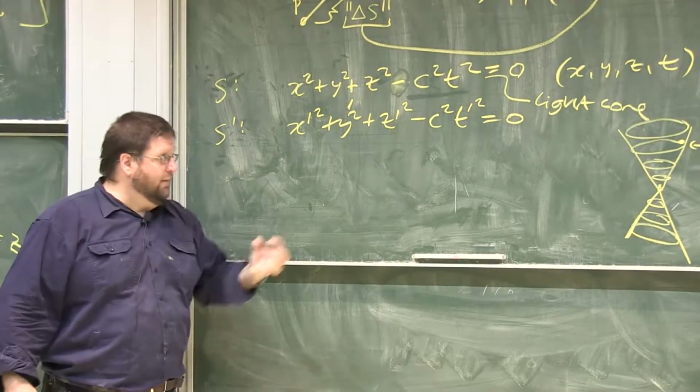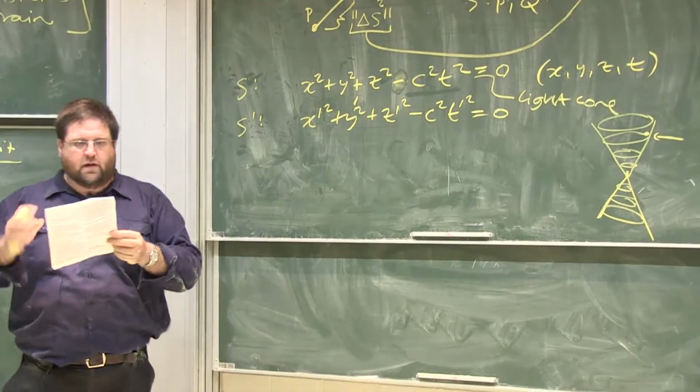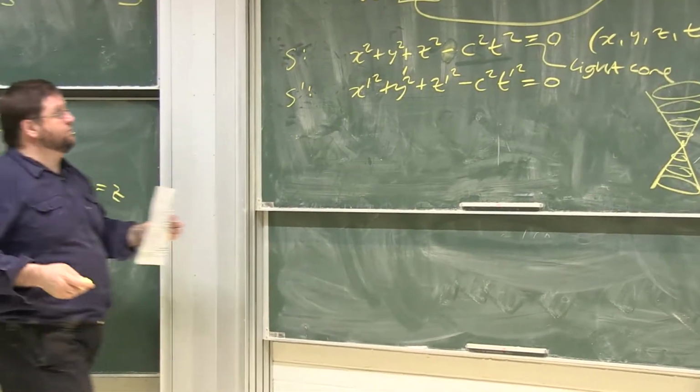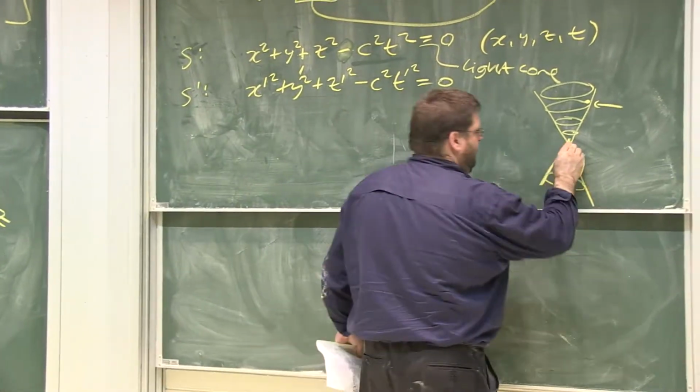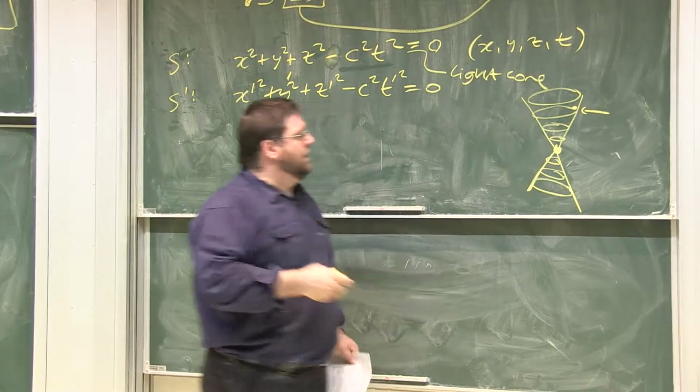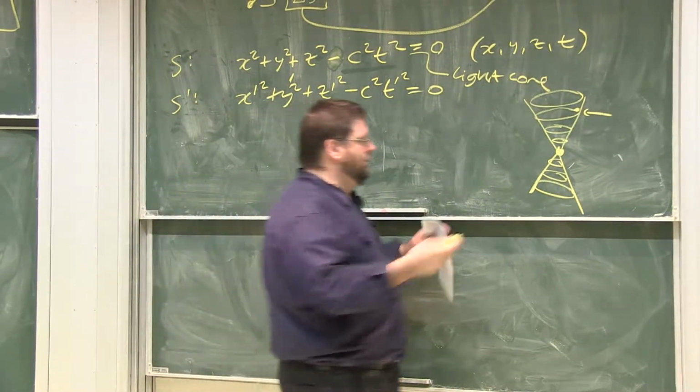And this is describing the same object from two different coordinate systems, but these things are equal. So what we've just learned, and so I let this be the origin of space-time, x equals y equals z equals t equals 0 according to S.